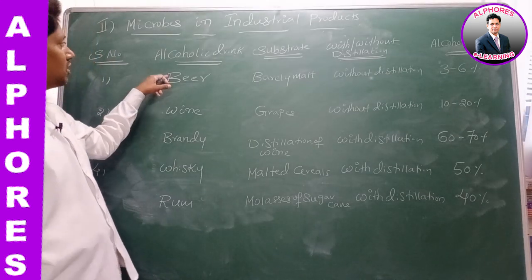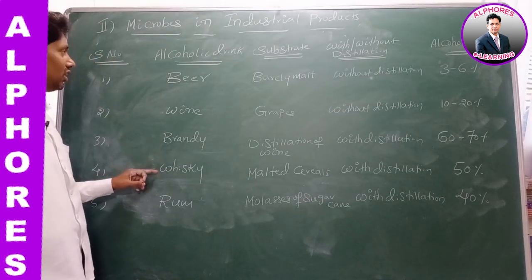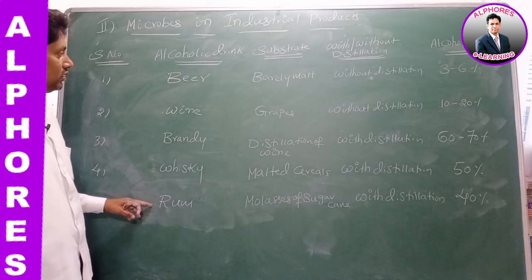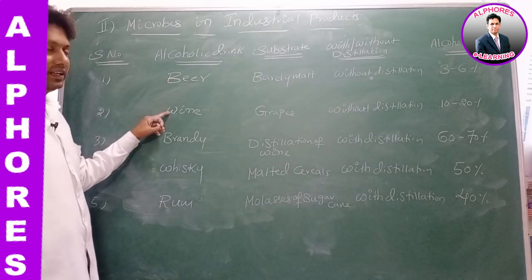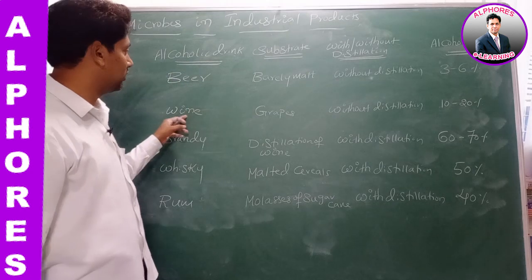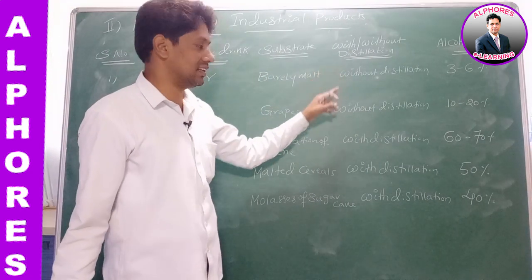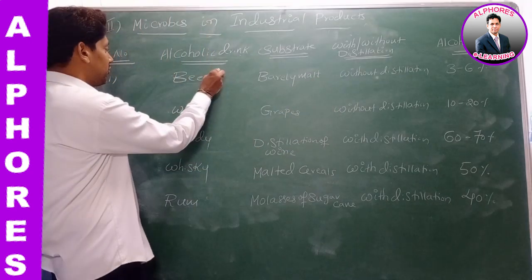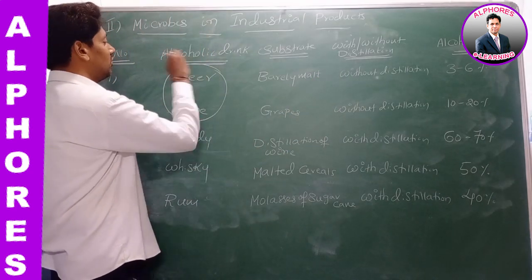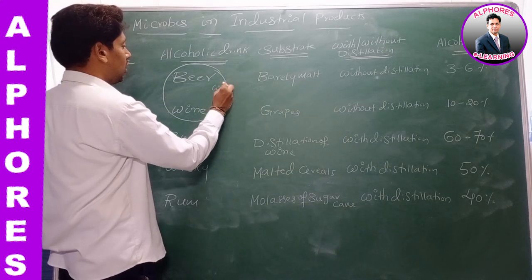Therefore, see these 5 types of alcoholic drinks once. Beer and wine production does not involve distillation. Beer and wine, with or without distillation? Without distillation.